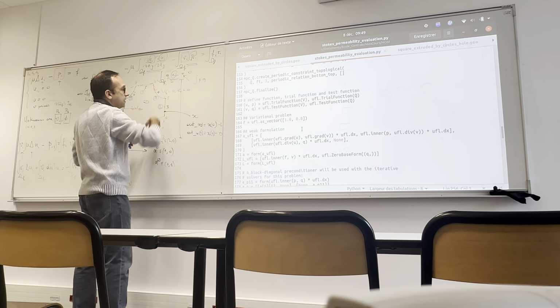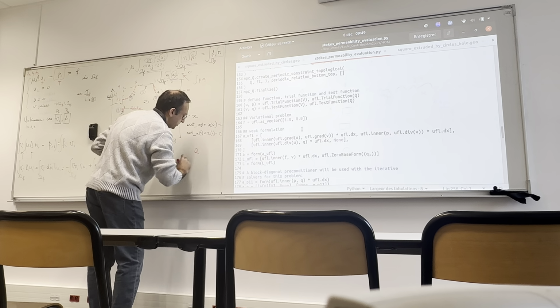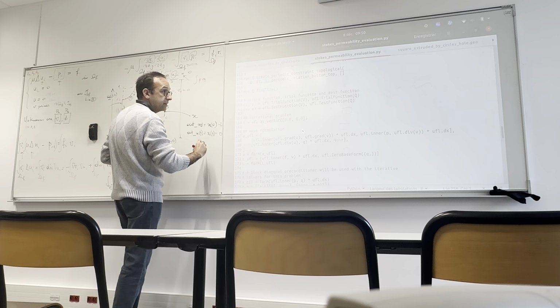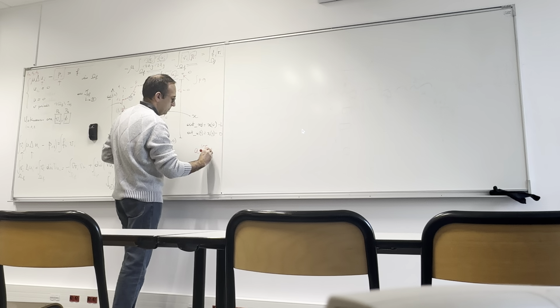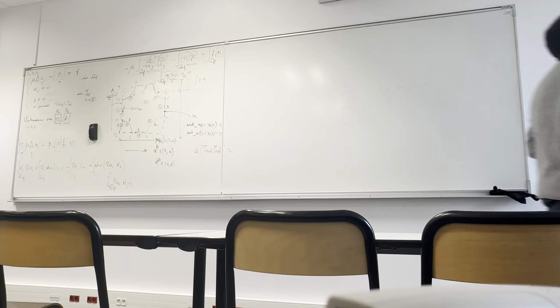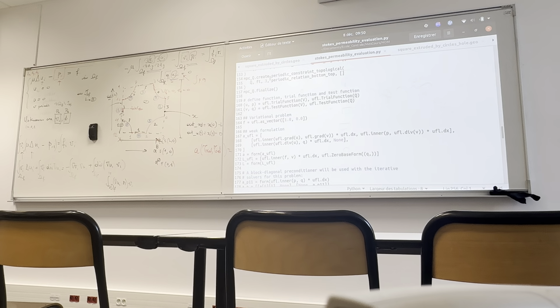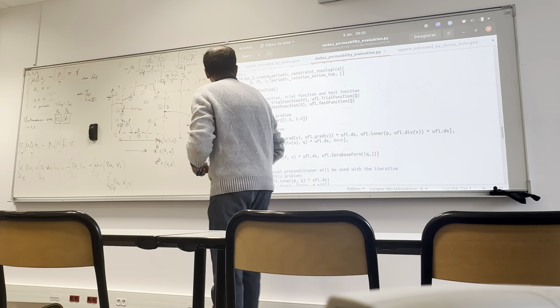So this is the bilinear form. Essentially we are writing the problem in this way: a of trial functions, test functions, equal to L depending on f.